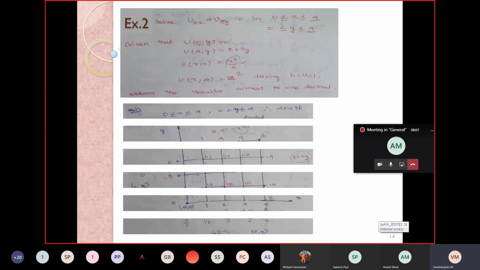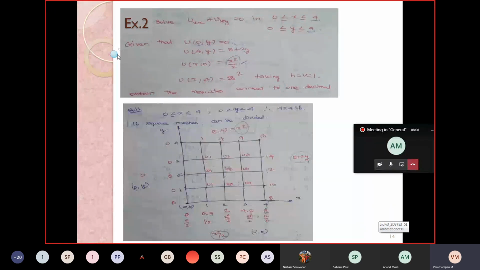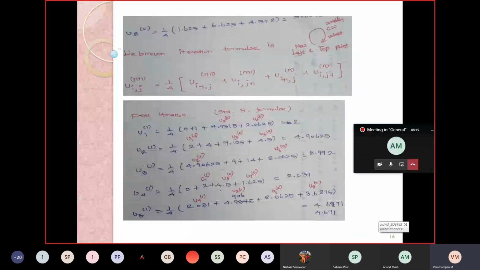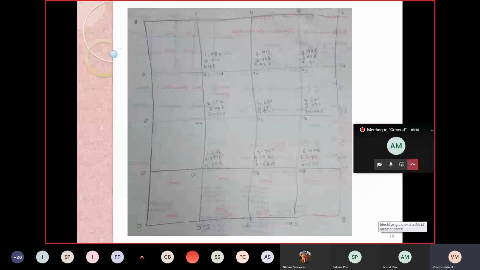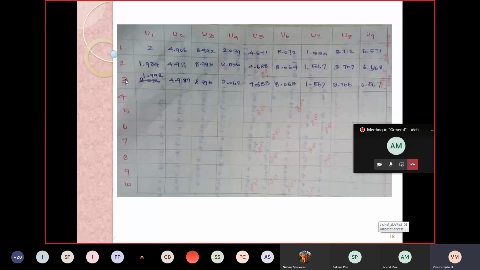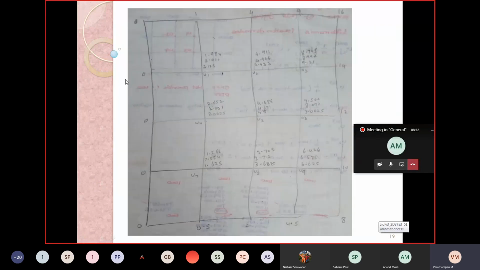This is the first problem we have solved in Laplace equation with various boundaries, and we have solved various iterations. In the question they requested the results to 1 decimal place. Therefore, we stopped our iteration at 1 decimal place, which we can achieve in the third iteration. And this is the solution.